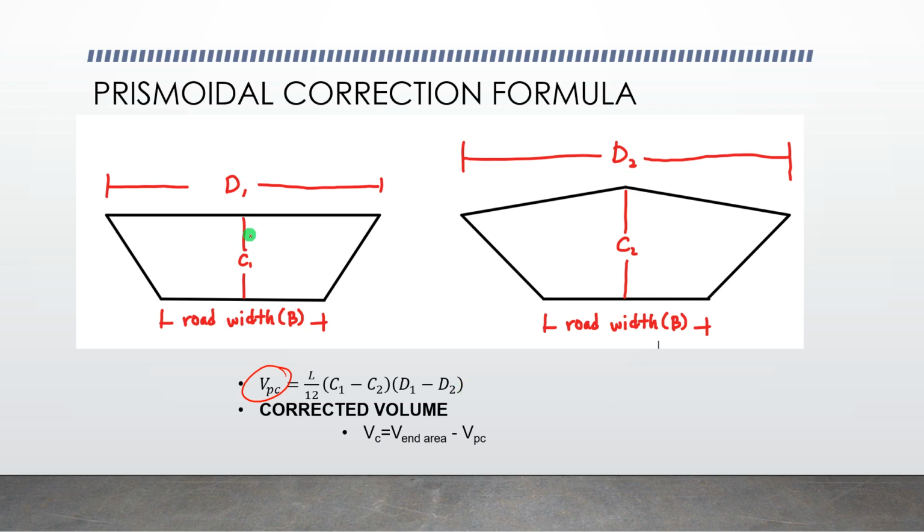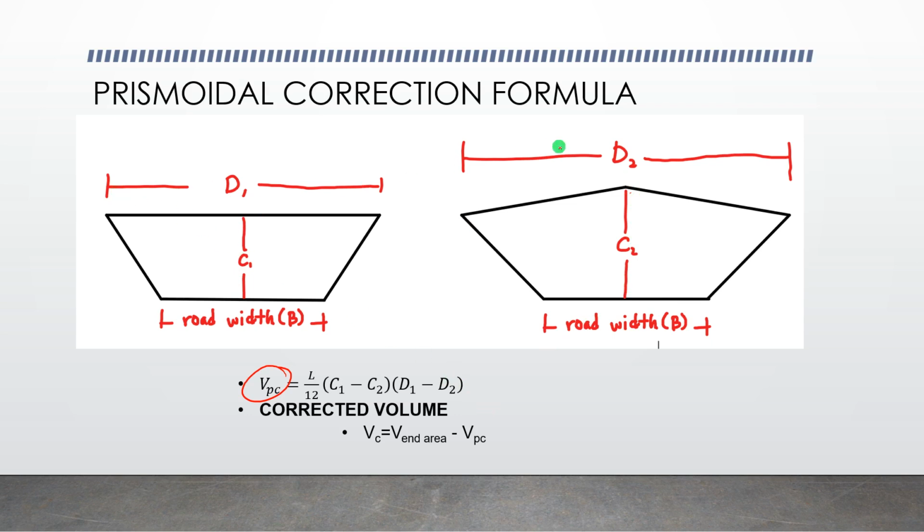C1 and C2 are just the vertical distances from the center line, from the midpoint of the roadway to the existing ground surface. D1 and D2 are the total horizontal distances of the cross section of the roadway.